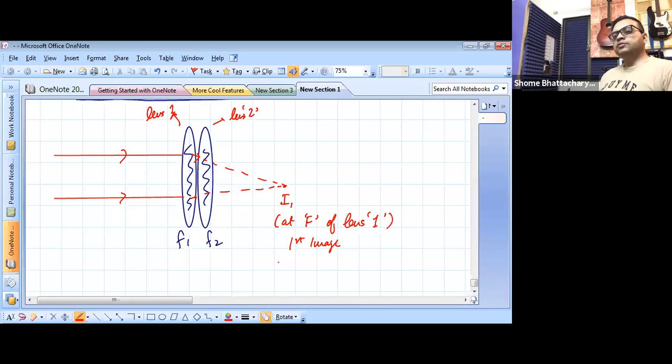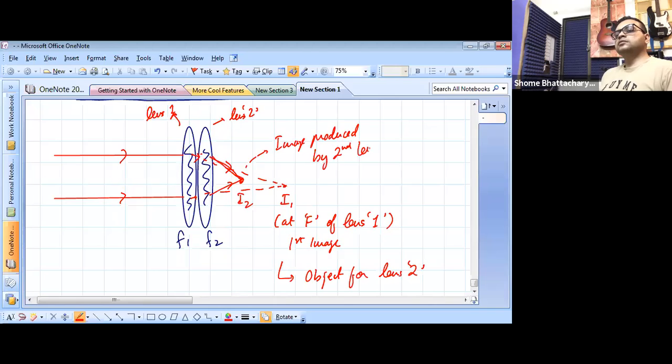Now that image I1 becomes the object for lens 2. And suppose lens 2 now converges this light and the final image is produced somewhere here. So this becomes the image produced by the second lens. That becomes my final image. So that becomes my equivalent focal point.